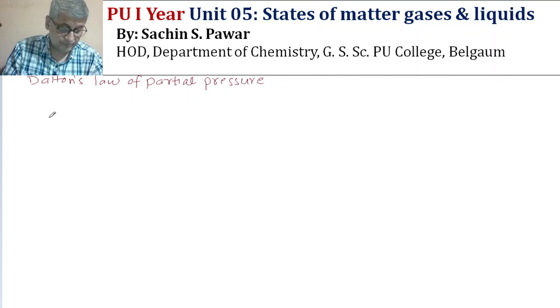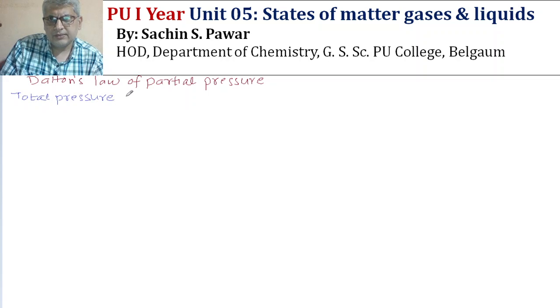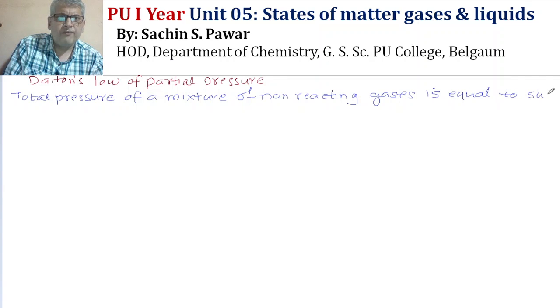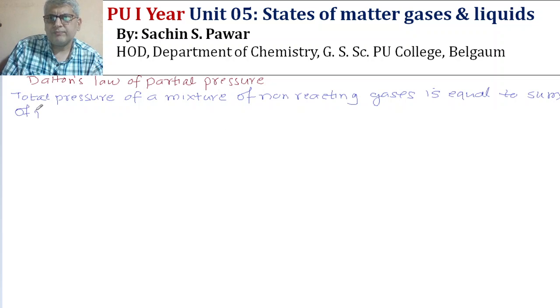The total pressure of a mixture of non-reacting gases is equal to the sum of the partial pressures of the individual gases present in the mixture.